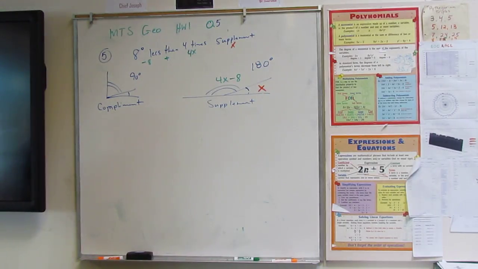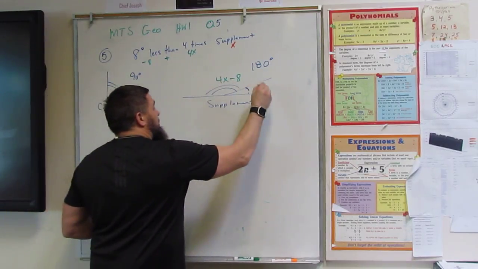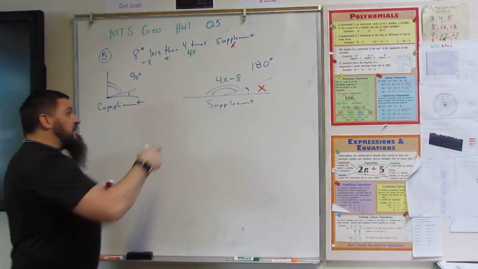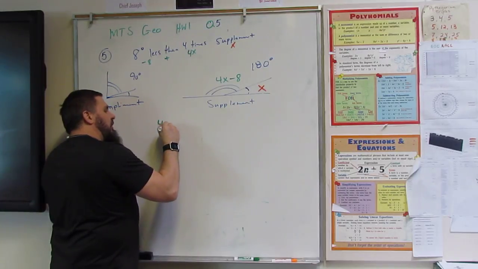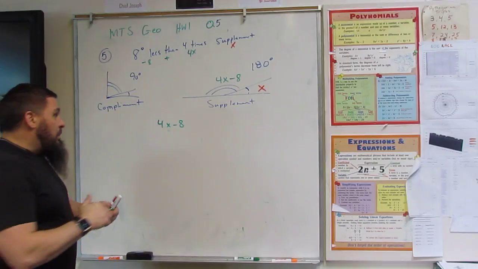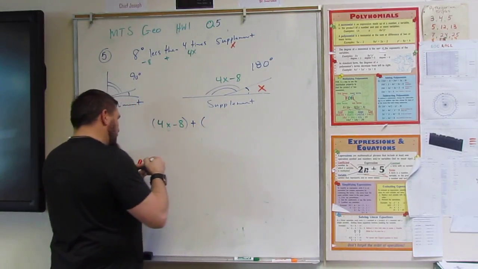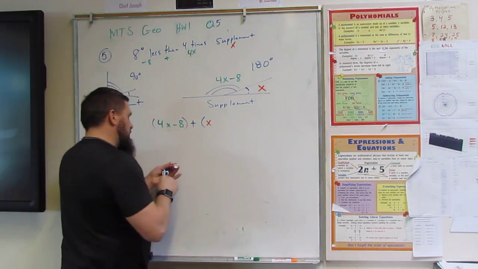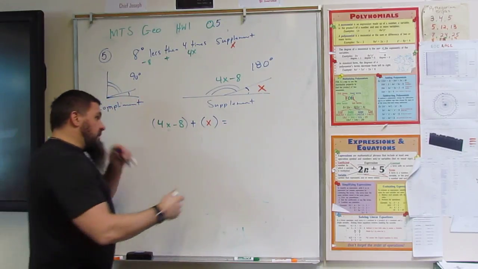The definition of a supplementary angle tells me that these two supplementary angles are going to be 180. So I'm going to take 4X minus 8 plus X, and that's going to equal 180.